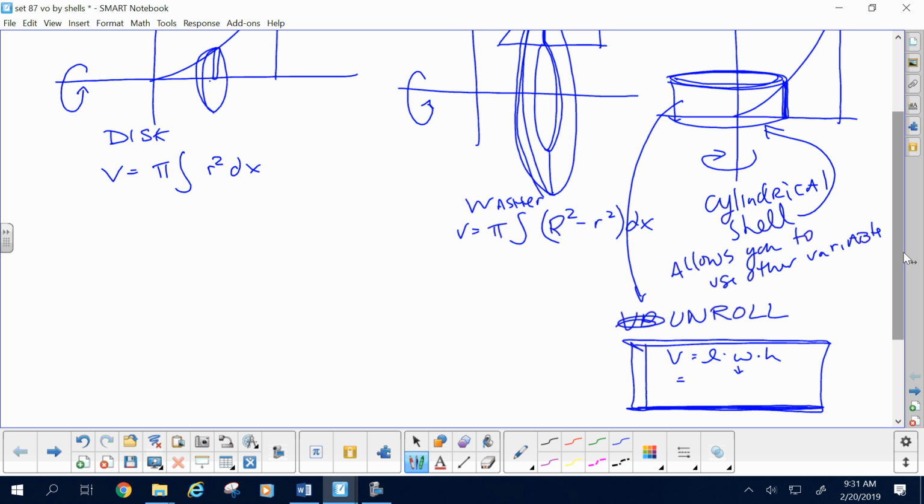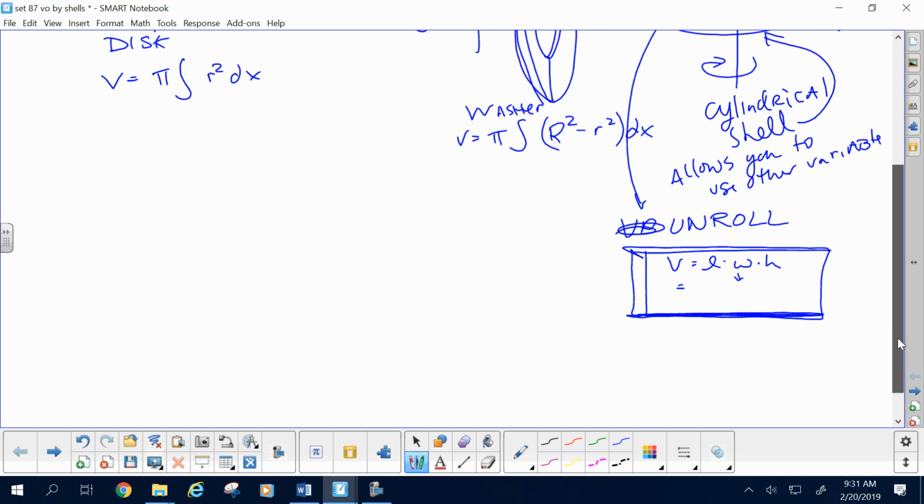I hear circumference. Thank you. That wasn't so hard, was it? You spoke out loud. What you've been doing since you were 1. Great job. Okay? When you unroll it, that edge down here comes from how wide it was around the cylinder. It's the circumference. This is the circumference, which is 2 pi r. That'll be a component to the volume.